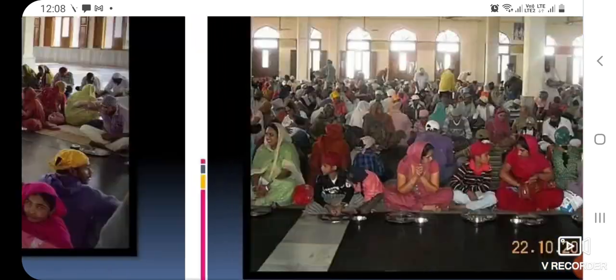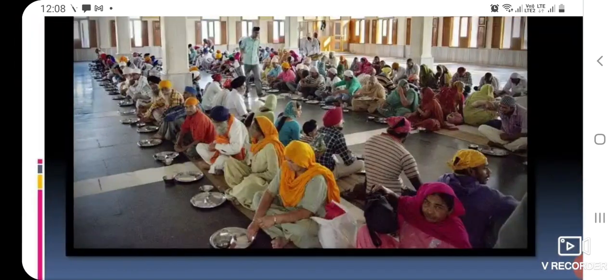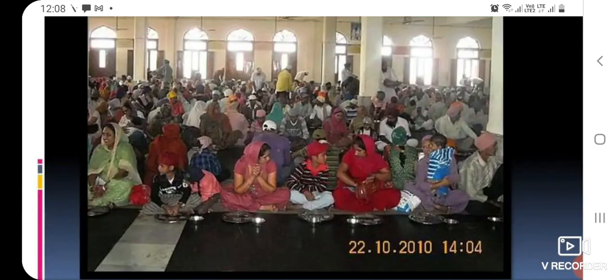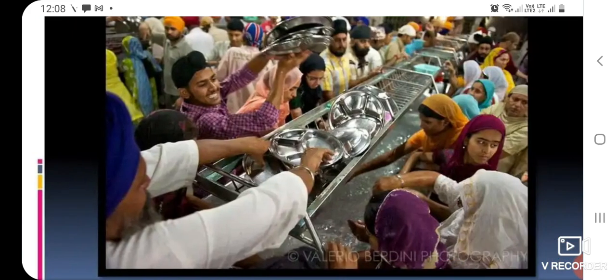And this is langar, where the people are sitting and eating together. And this is where the utensils are being washed. What happens here? People eat their food and they wash their own utensils, and then they keep it here.